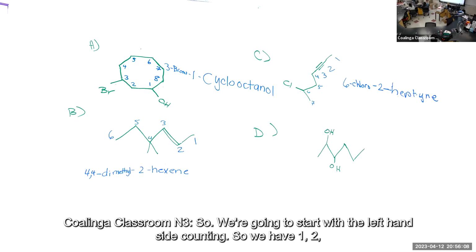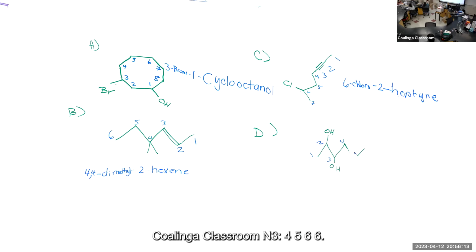So we're going to start on the left-hand side counting. So we have 1, 2, 3, 4, 5, 6. 6 carbon chain. There's 2 of them.